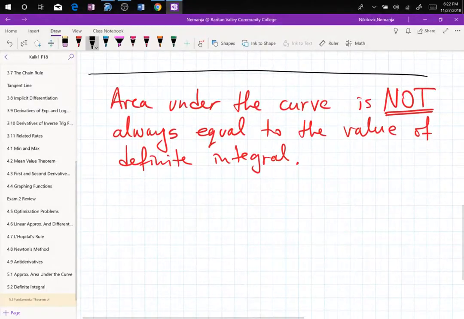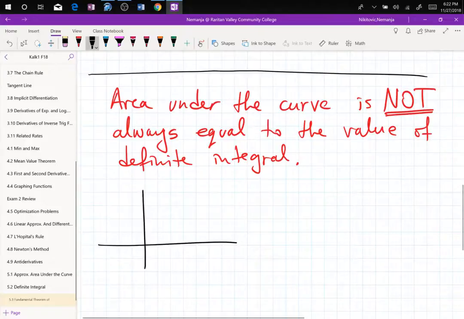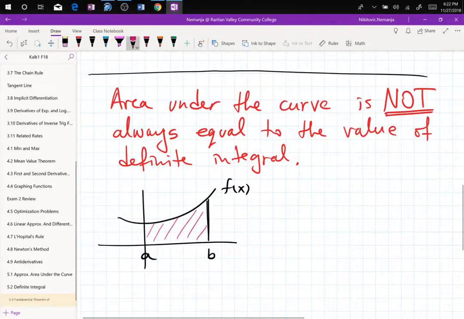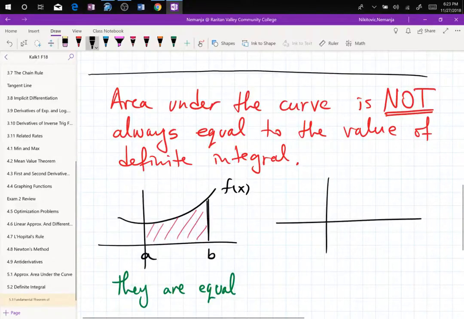Here are the cases. If f of x looks something like this, from A to B, so let me shade, this is our area. In this case, in green, they are equal. Then, I give this as an example.